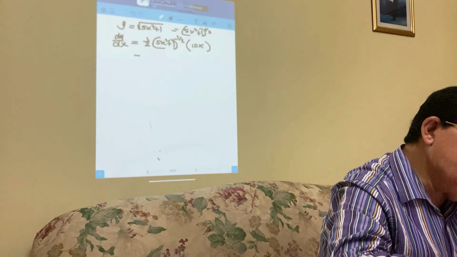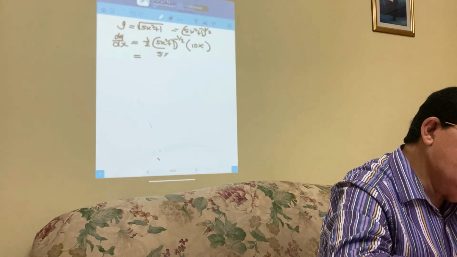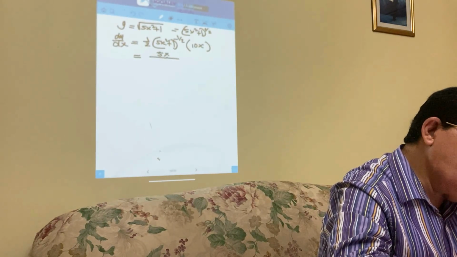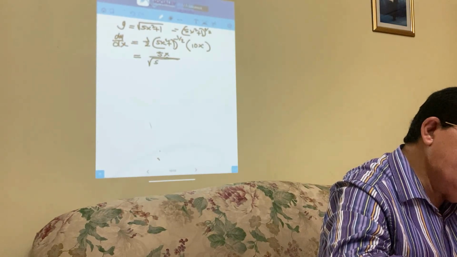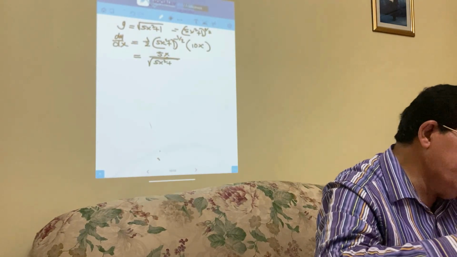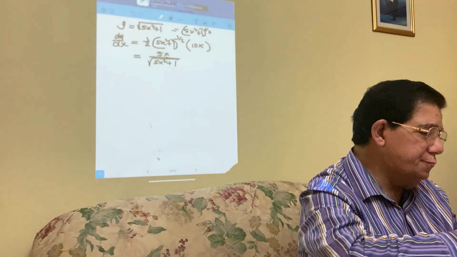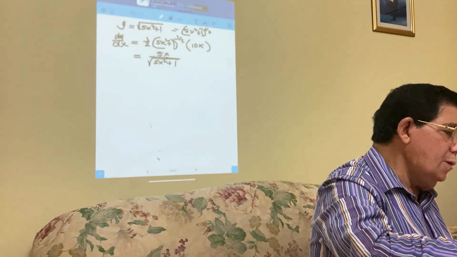The answer is 5x over the square root of 5x squared plus 1.